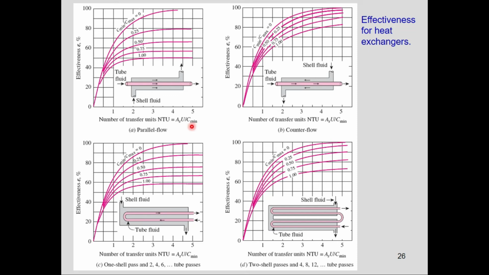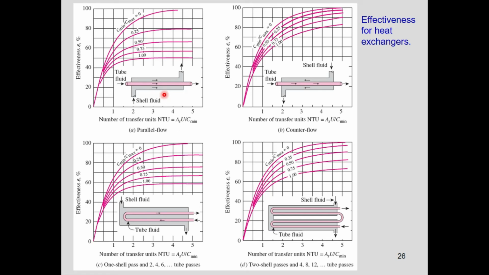At the start of this topic, I said that in this type of problem, we have known values, which is the heat transfer surface area, and what was missing was the outlet temperatures, right? So in the effectiveness NTU method, we are given the heat transfer surface area.